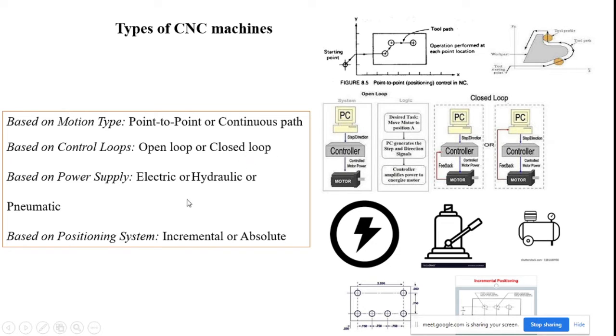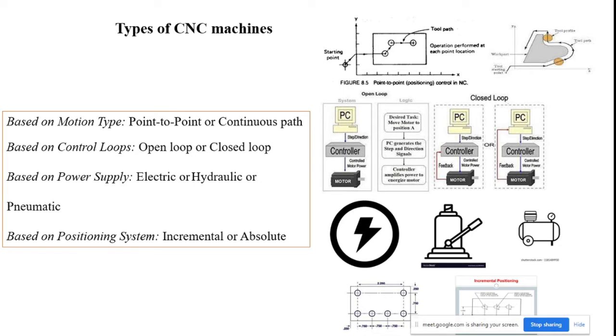After that, based on different power supply, we can classify the machines. In your machine shop, you can see the machines with electrical power supply. In some cases, in roadways, you may see jack lines and hydraulic jacks. Those are not operated with electrical power supply, but if you rotate the hand wheel, you can actuate the machines.